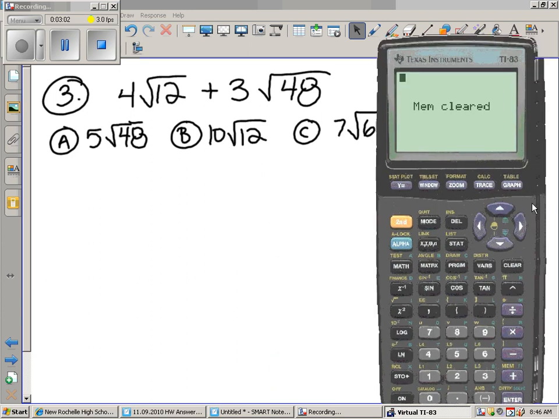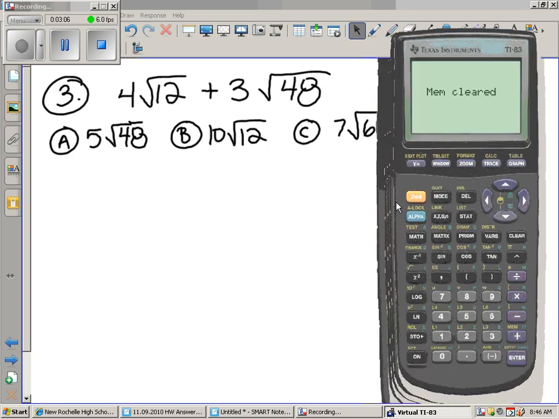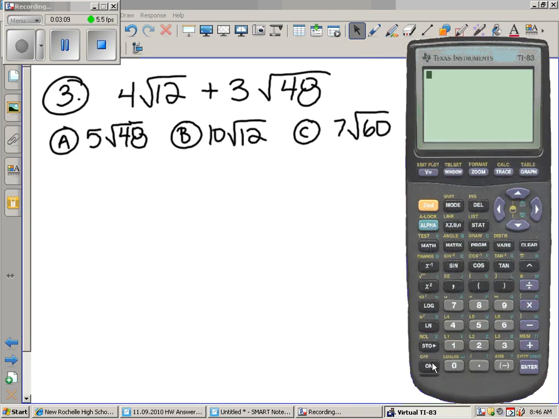Take out your calculator and enter in the original question. 4 square root 12, close that parenthesis, super important, plus 3 square root 48. And then all you have to do is hit enter. You get a completely random answer, okay? Now watch this. This is ridiculous that you can actually do this and it works.